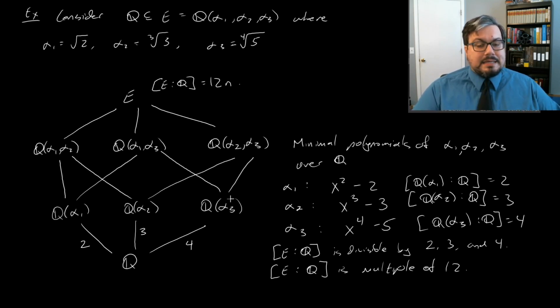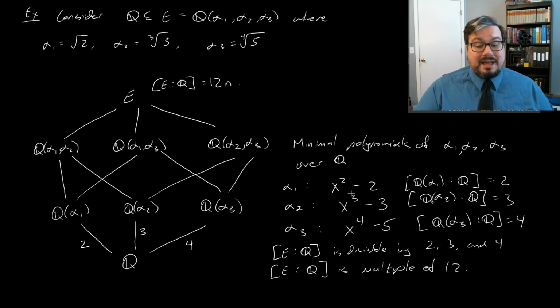And so we have to be careful to check whether they're irreducible anymore or not. But what we can say is that every time we go from one of these fields and add in an alpha 1, the degree of that extension is at most 2. Every time we add in an alpha 2, the degree of that extension is at most 3, and every time we add an alpha 3, the degree of that extension is at most 4.